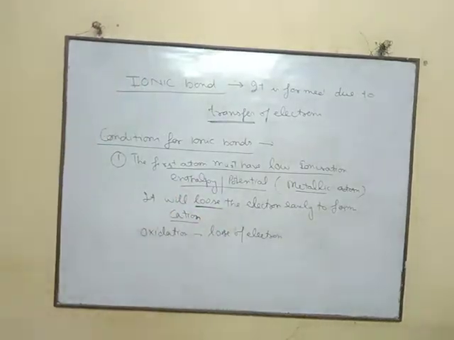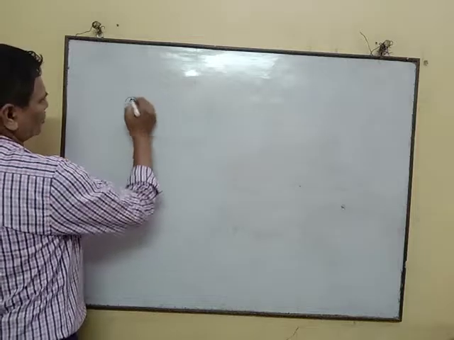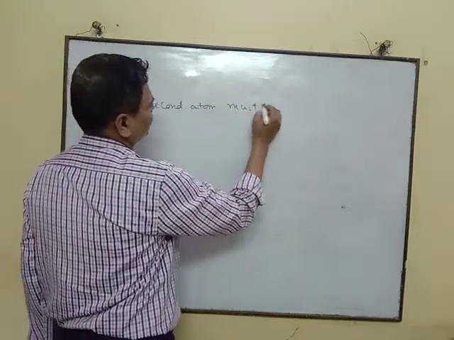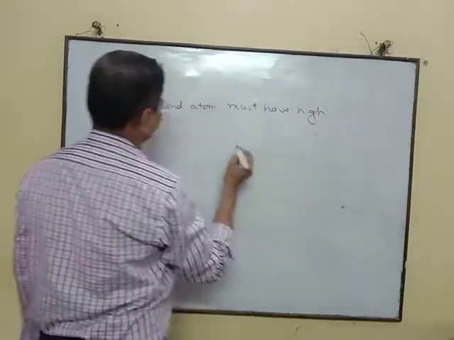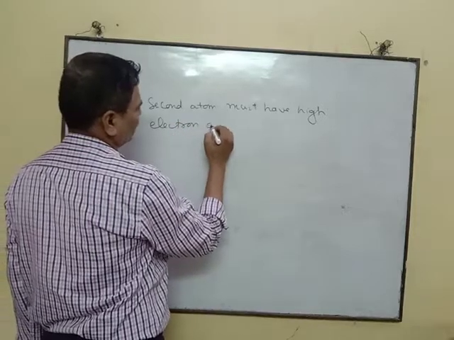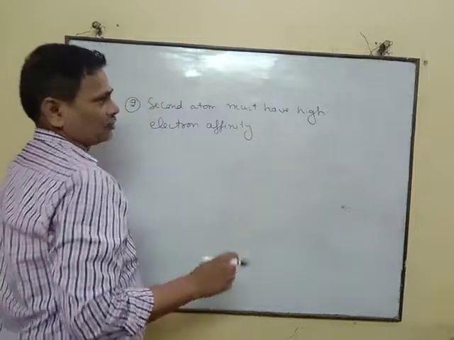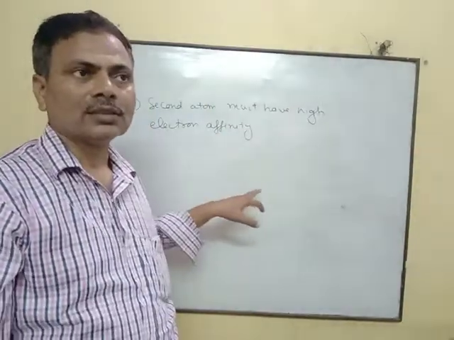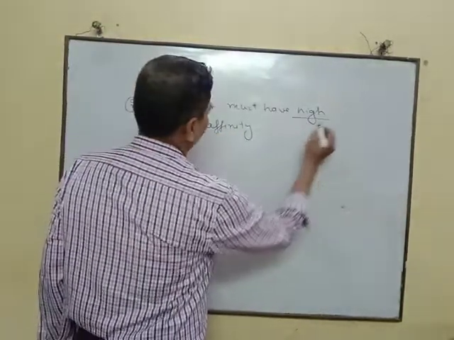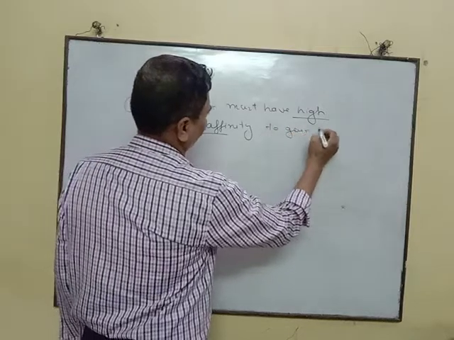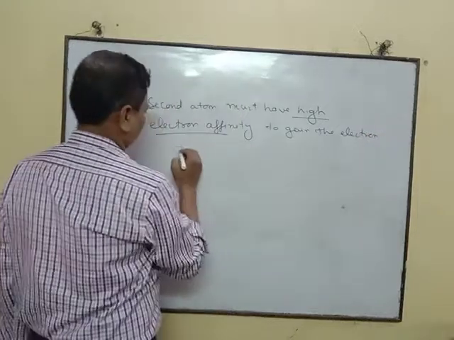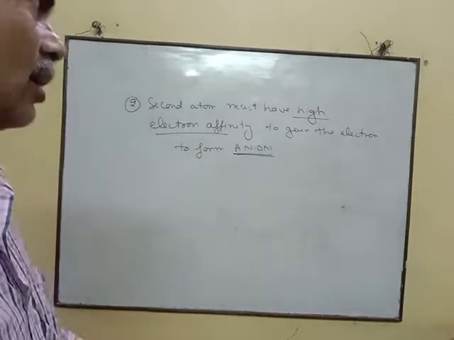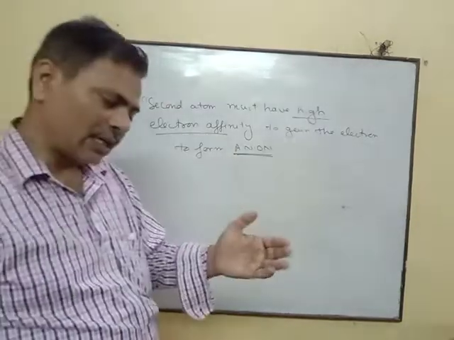Now we come to the second condition. The second atom must have high electron affinity, to gain the electron and form an anion. See, it will gain the electron and form an anion. The first condition was that one atom must have low ionization enthalpy.